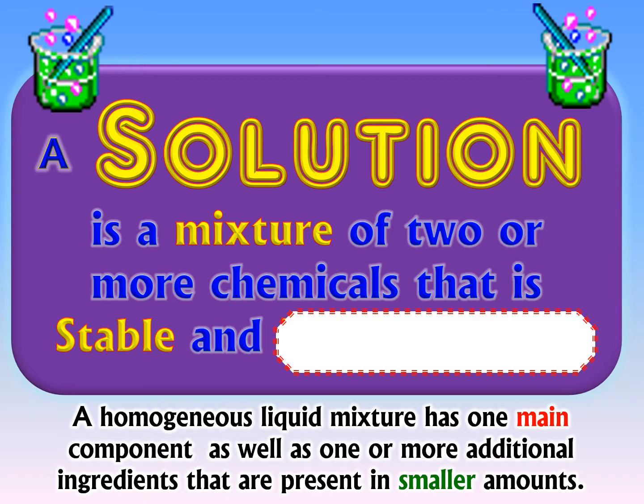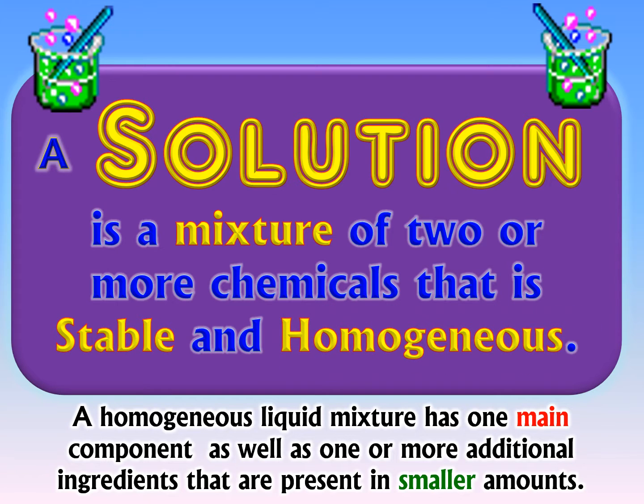So what is a solution? Here's the definition. A solution is a mixture of two or more chemicals that is stable and homogeneous. Now, normally in high school chemistry, we deal with two chemicals at a time, two that are mixed together. That makes things a little easier to understand.